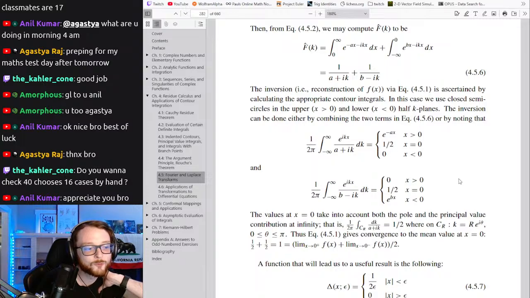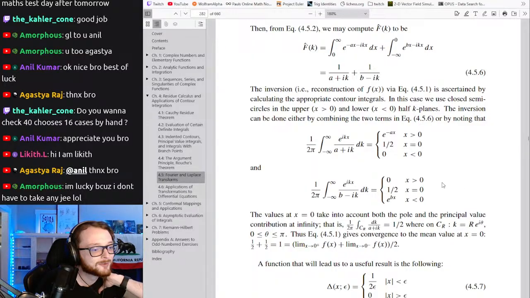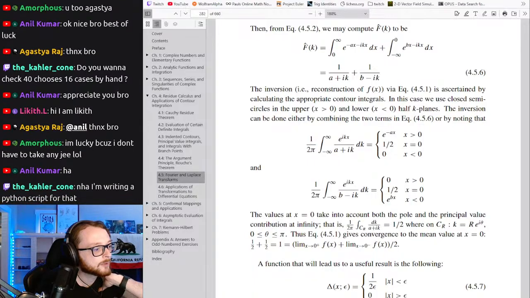Do I want to check 40 choose 16 cases by hand? Is that what you're doing right now, or is that related to this problem? Oh, yeah, good luck, I guess, with your exam. Hey, Licketh. You're writing a Python script for that.